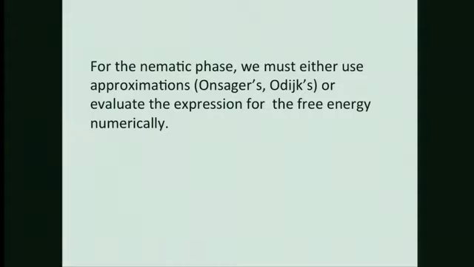Theo Odijk used a much simpler approximation, a Gaussian one. I'll sketch it in a few lines in a minute. Or you actually have to write down the density functional and then just solve it, to minimize the density functional explicitly numerically, and then you get the quote-unquote exact answer. But of course that's not exact in the mathematical sense, it's exact in the sense that you can get it as accurate as you like.